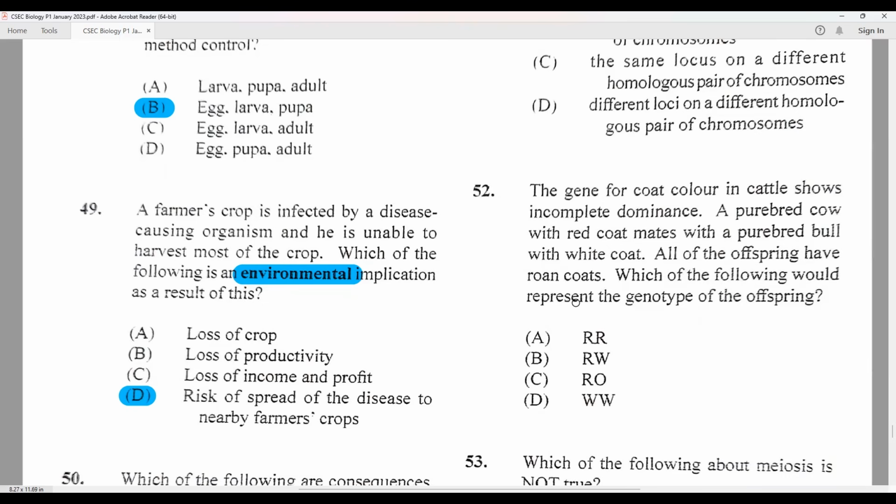Which of the following offspring represents the genotype of the offspring? So you could use R for red and W for white. So if it's incomplete dominance, both will show up, which makes the answer B.